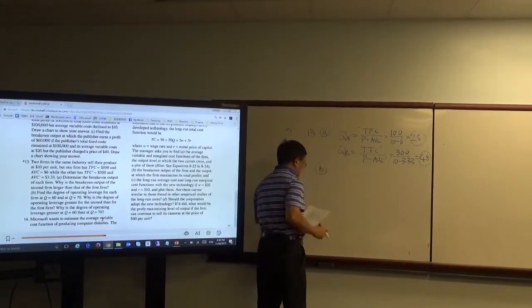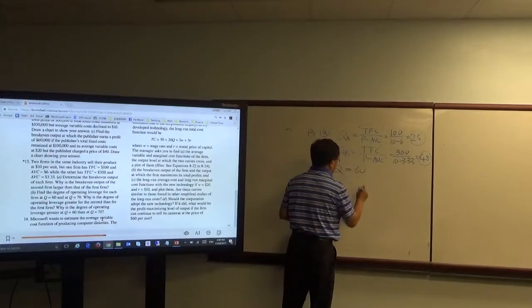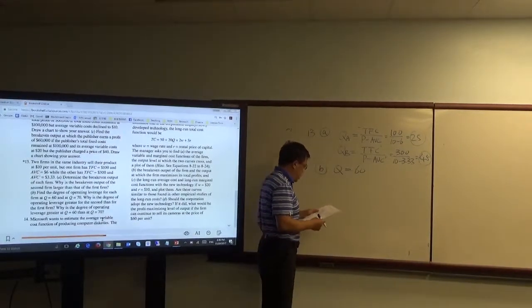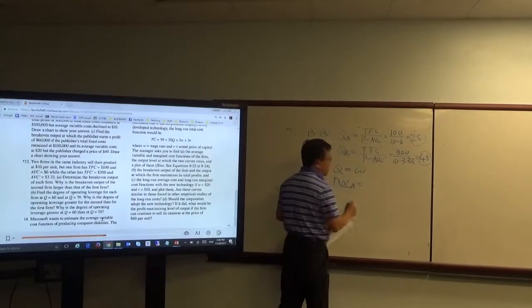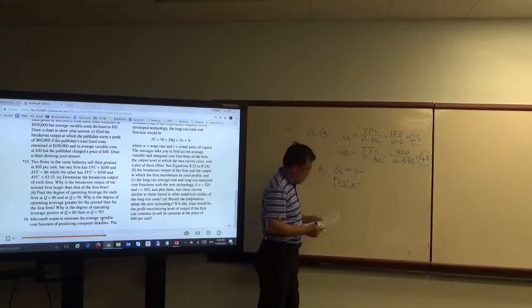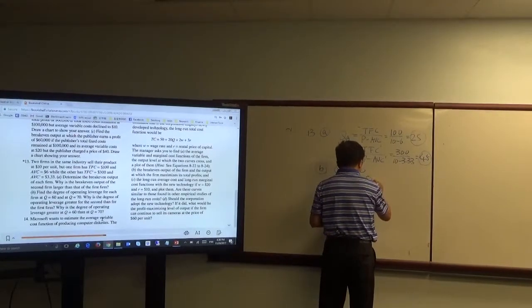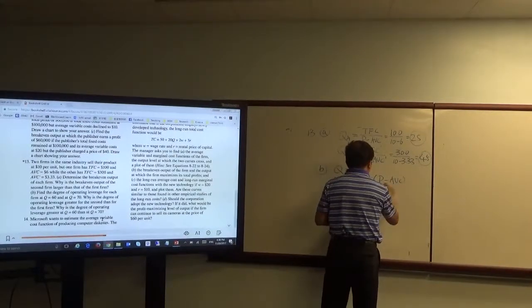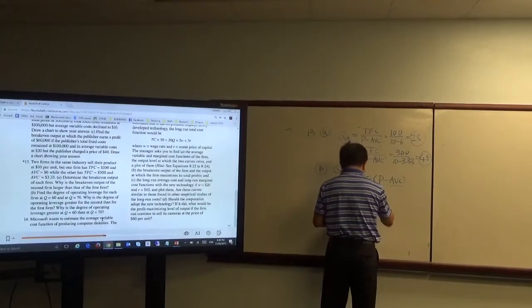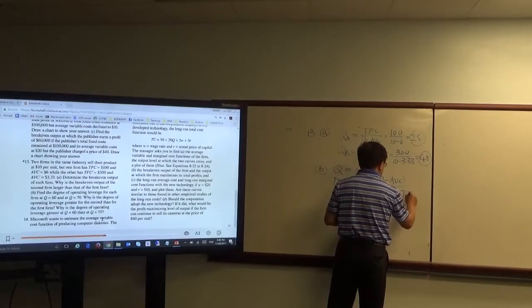Part B, let's calculate if quantity is equal to 60. Let's figure out the degree of operating leverage for the first company. Remember the formula? I'll read it one more time: Q times (P minus AVC) divided by Q times (P minus AVC) minus the total fixed cost.